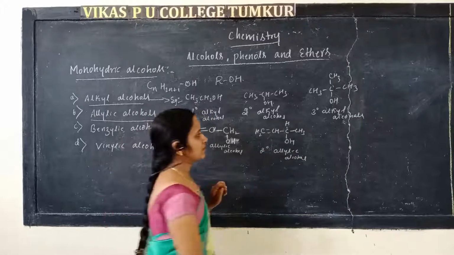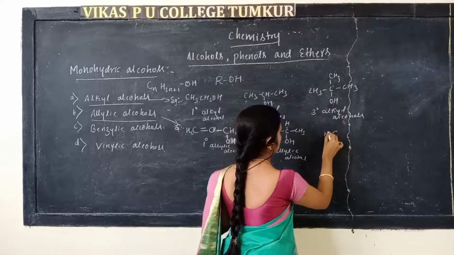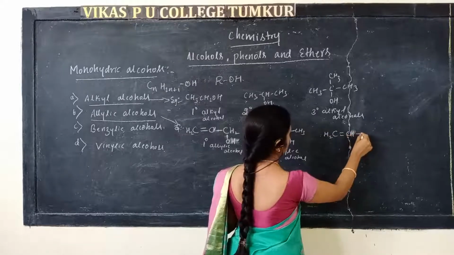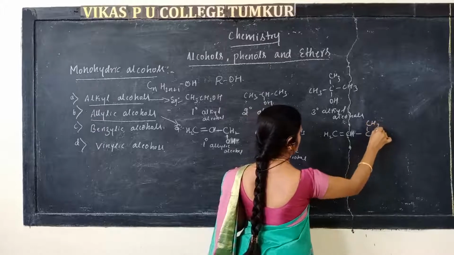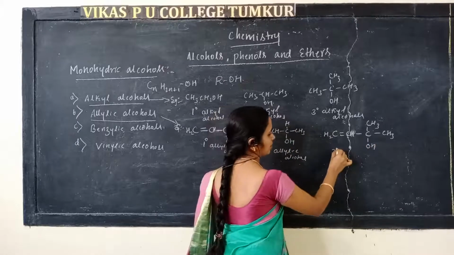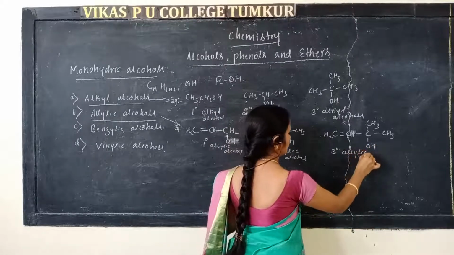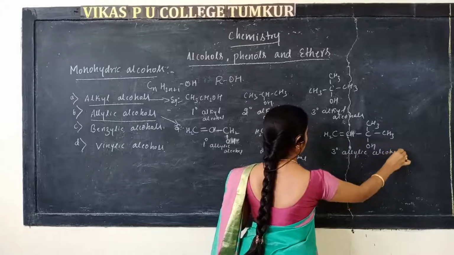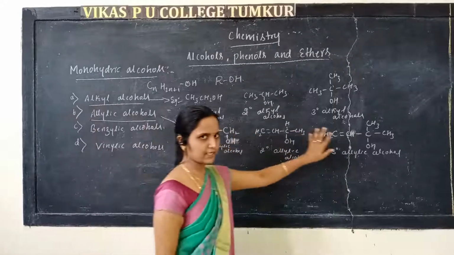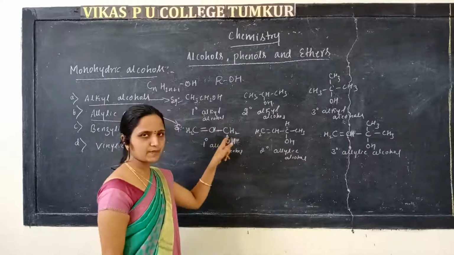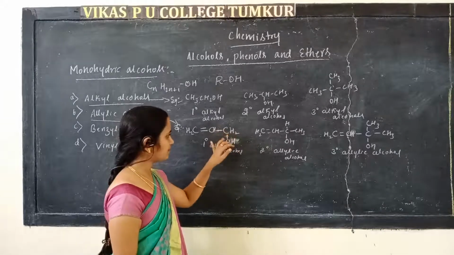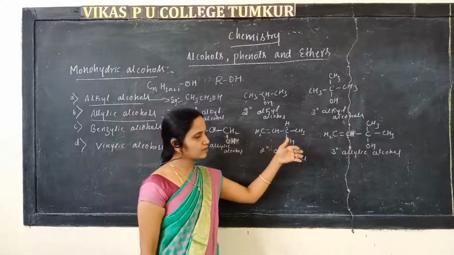Next, this we call a tertiary allylic alcohol. These allylic alcohols are again classified into 3 types based on which type of allylic carbon the OH group is attached to: primary allylic carbon, secondary allylic carbon, or tertiary allylic carbon.